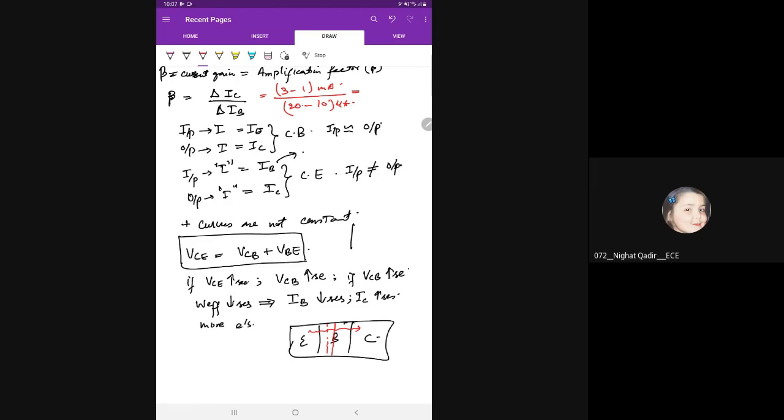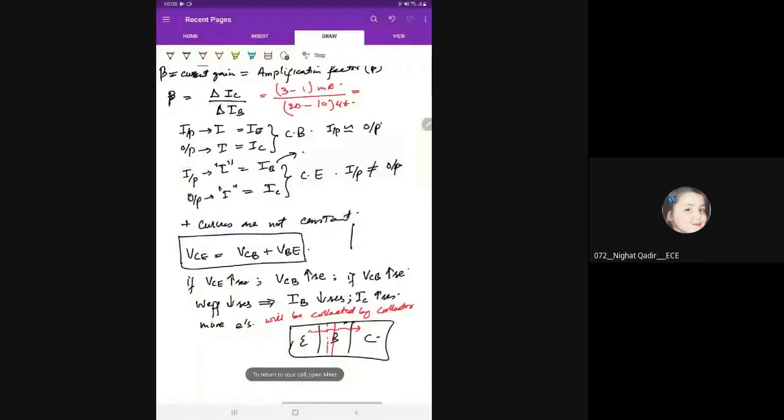There will be very small space where the electrons will be recombined in the base. So base current will decrease. Eventually, no electron will be wasted in base, or allowed to wander in the base. They'll be collected directly by the collector. Therefore, here we can expect that more electrons will be collected by collector.